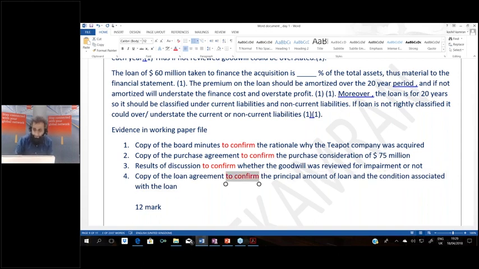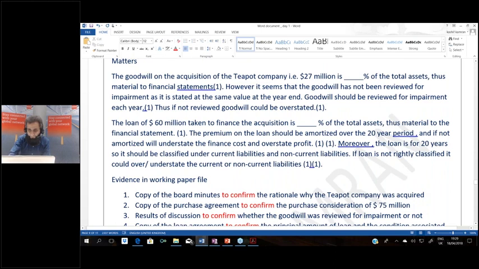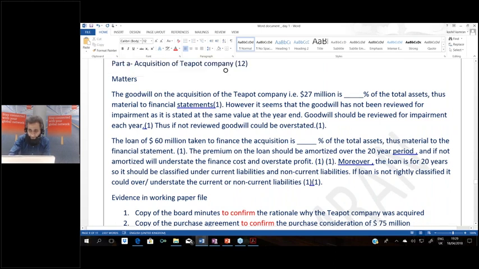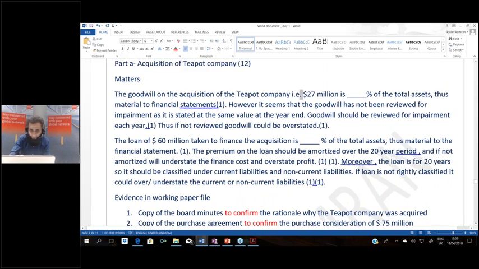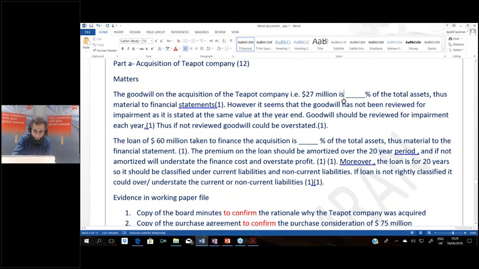And see the matters. How quickly can you write matters? See the length of the matters. In one paragraph, I wrote the matters for goodwill, $27 million. And in the second para, I wrote the matters relating to the loan of $60 million.